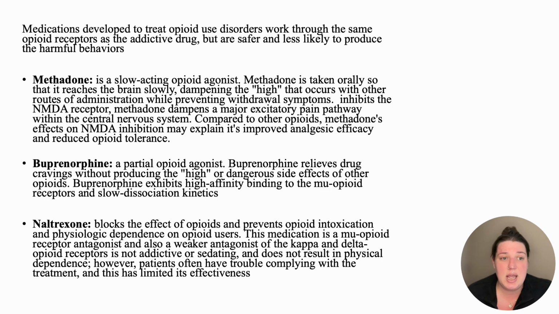It inhibits the NMDA receptor. Methadone dampens the major excitatory pain pathway within the central nervous system. Compared to other opioids, methadone's effects on NMDA inhibition may explain its improved analgesic efficacy and reduced opioid tolerance.